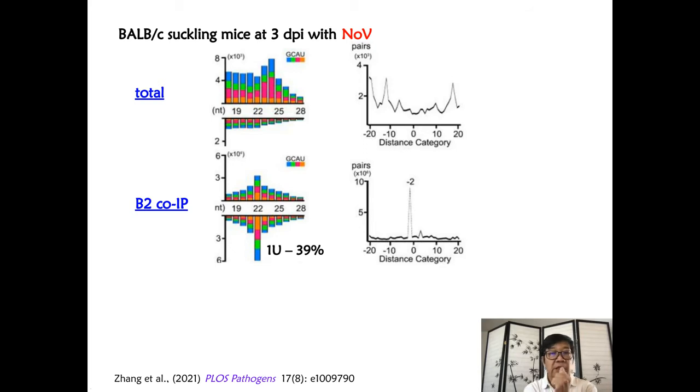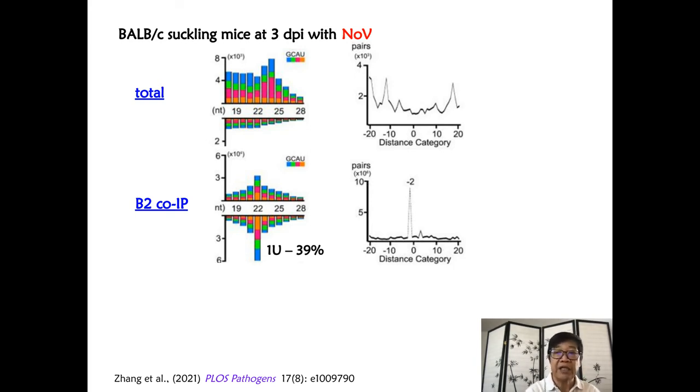However, we find highly abundant canonical viral siRNA in the B2 immunoprecipitates compared to the total small RNA sequenced without B2 immunoprecipitation.